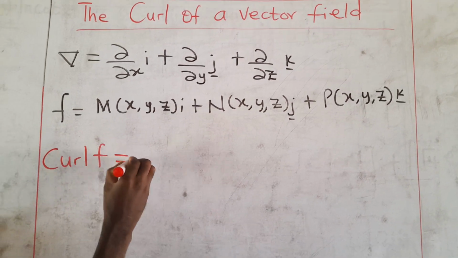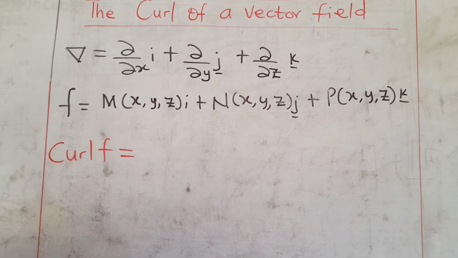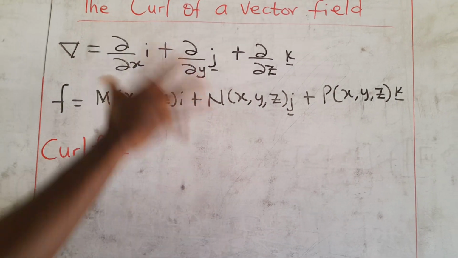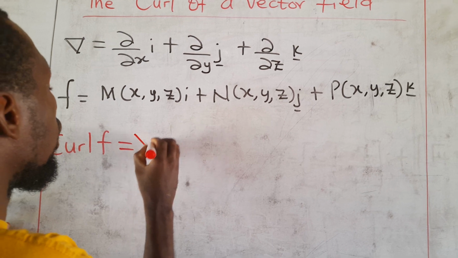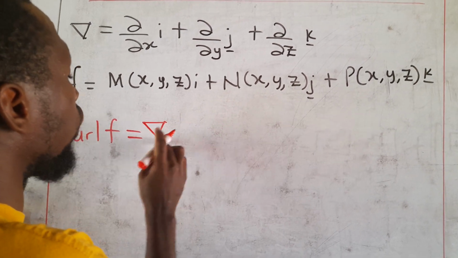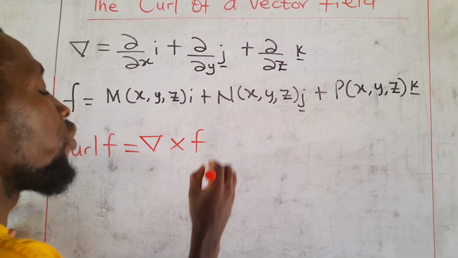The curl of f is just the cross product between the differential operator and the vector field. So we say the curl of f will be equal to the differential operator cross f.